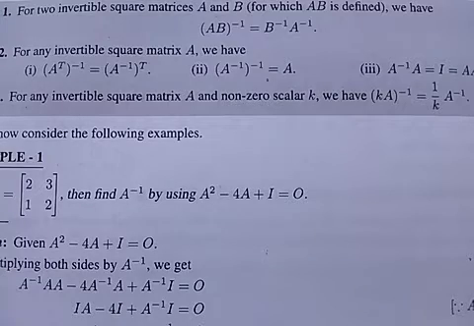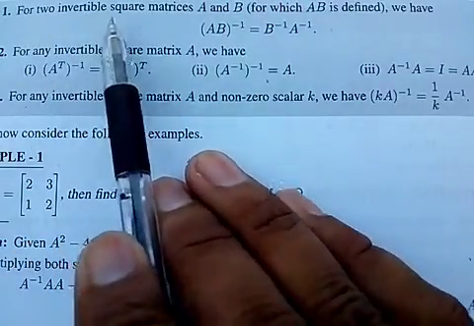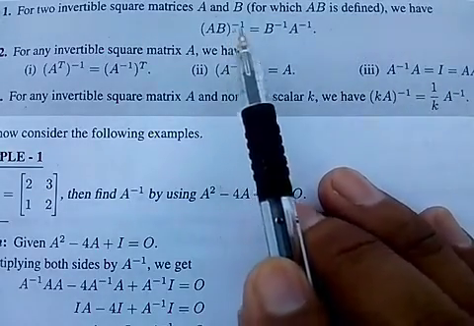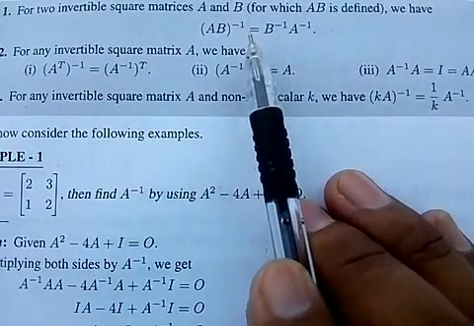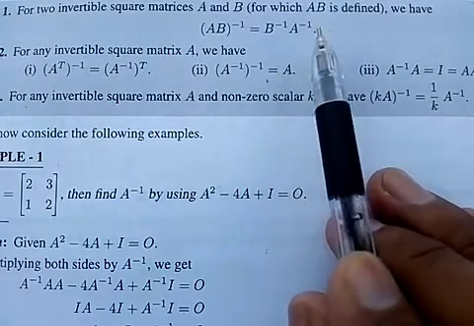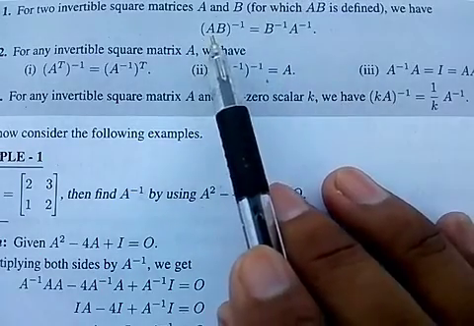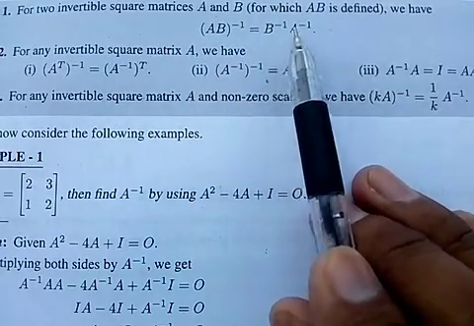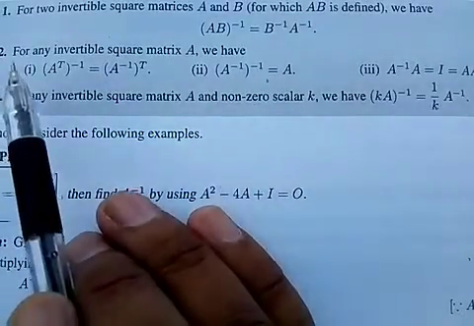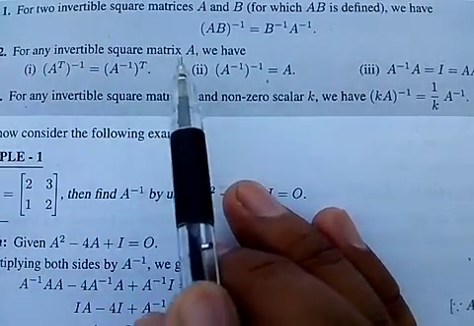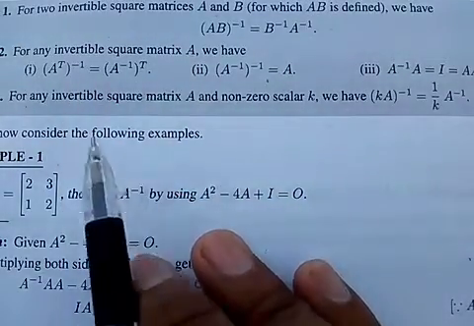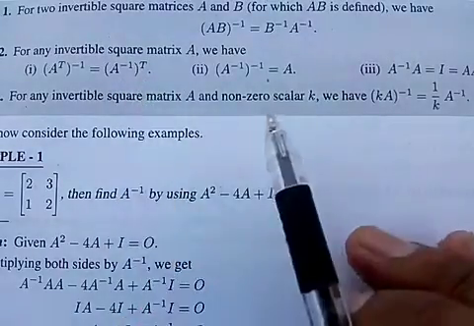Some properties of invertible matrix we can discuss here. For two invertible square matrices A and B for which AB is defined, we have inverse of AB equal to inverse of B multiplied by inverse of A. Second property, for any invertible square matrix A we have inverse of transpose of A equal to transpose of A inverse.